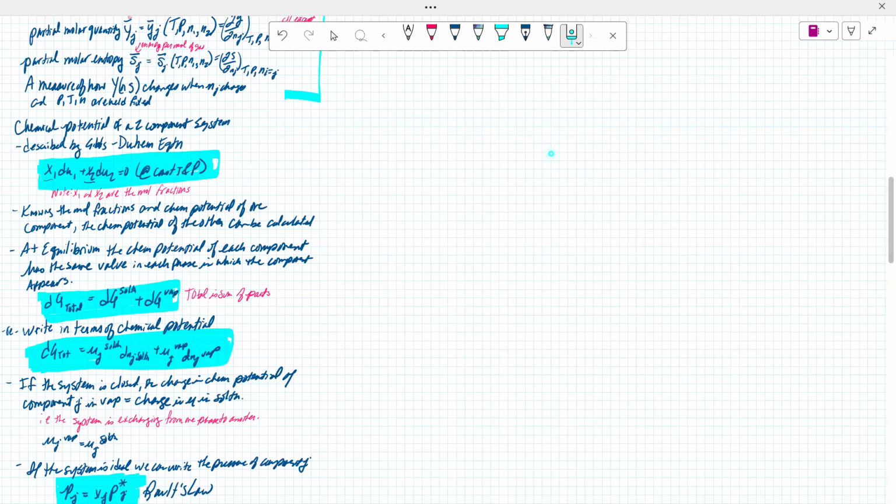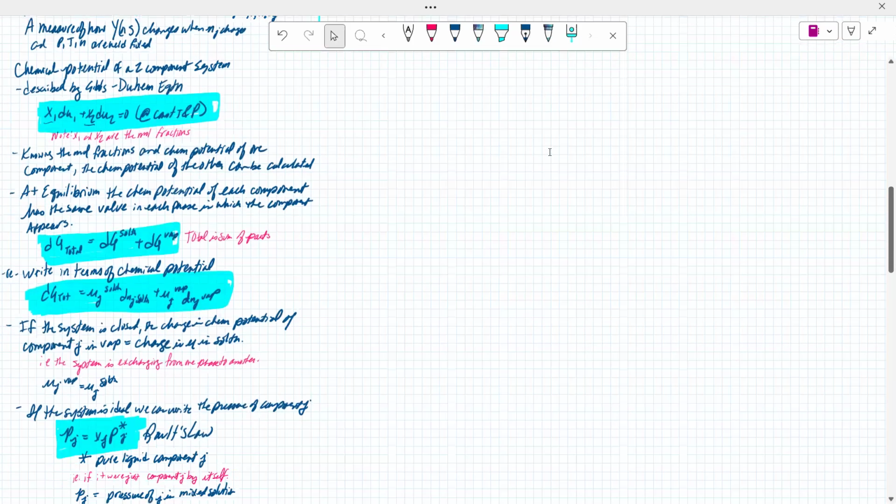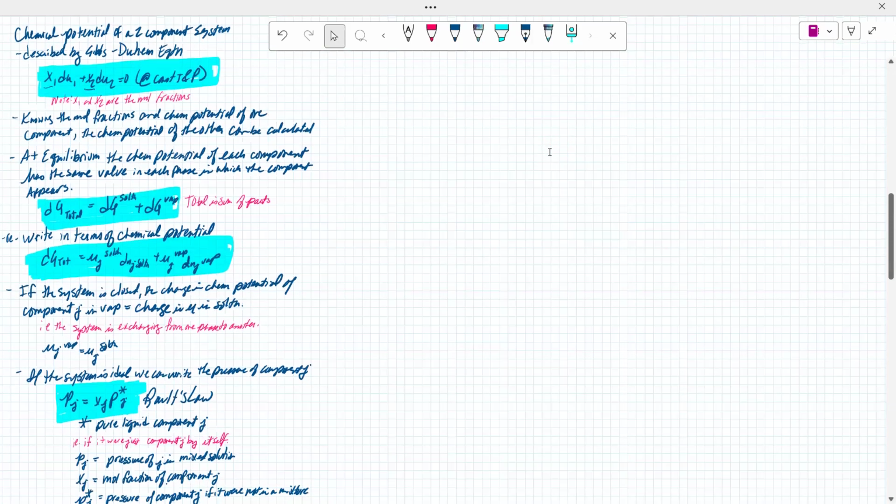Chemical potential for a two-component system where we're now working with the fractions, right? So we have x1 plus x2 equals x total, which we actually made note of further down. So knowing the mole fractions and the chemical potential, we are able to write out the total Gibbs free energy, which we did right here.